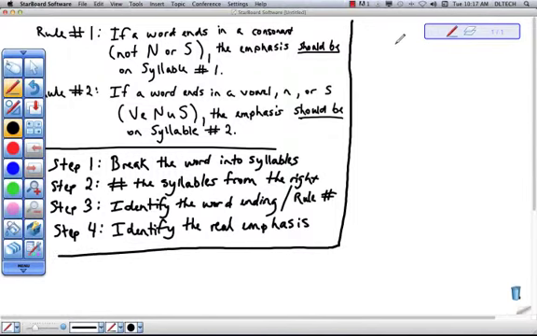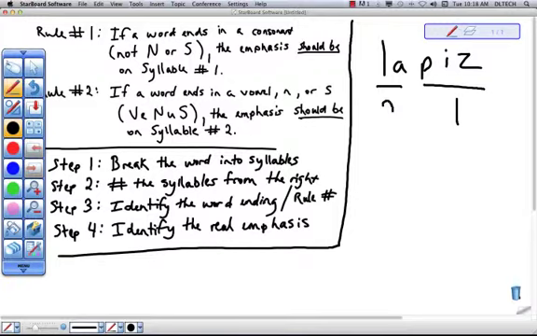Let's take the word lápiz as an example. All right, so step 1 says we break the word into syllables. So we have la and piz. Step number 2 says that we number the syllables starting from the right. So it'll be 1, 2. Step number 3 says that we have to identify the word ending and the rule number.